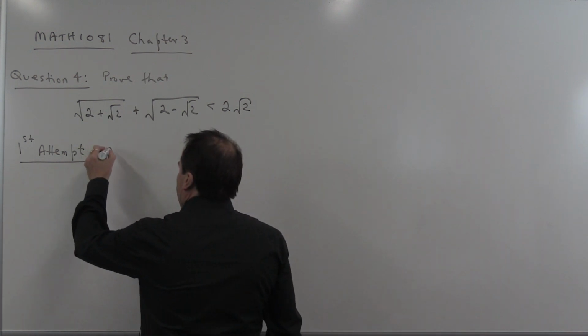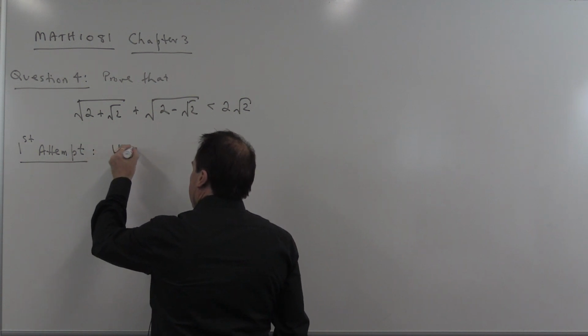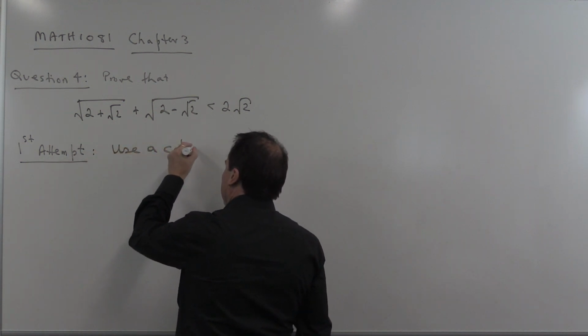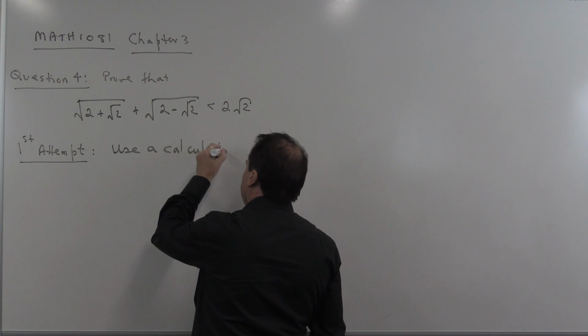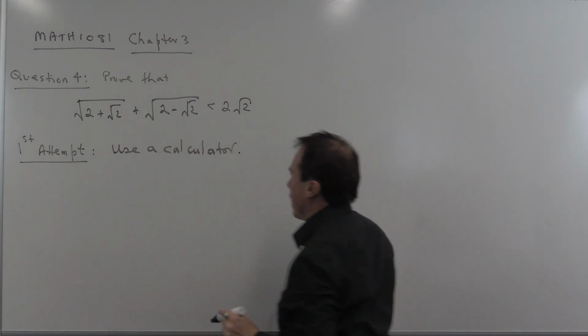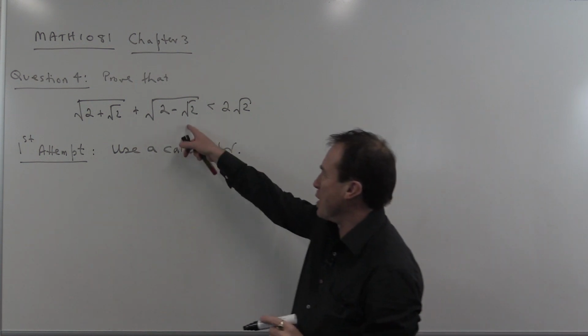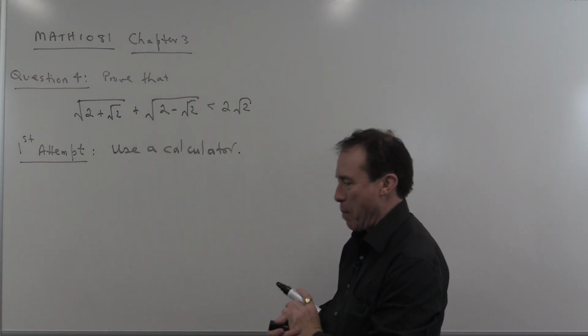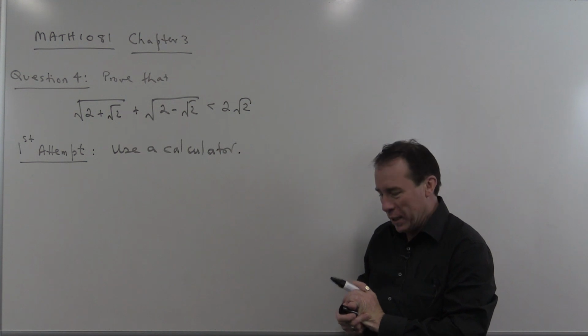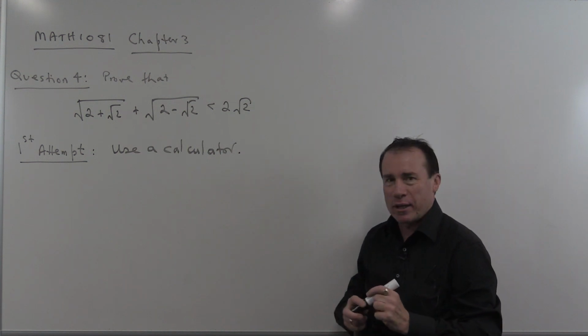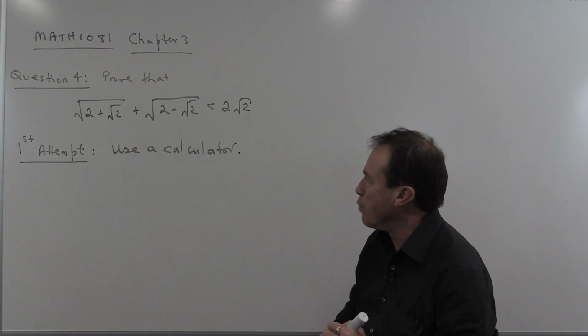So what do I do? I use a calculator. So I type this number into the calculator, and I say this one's less than that one, finish the problem. Well, in this course, that's not going to be counted as an acceptable proof.